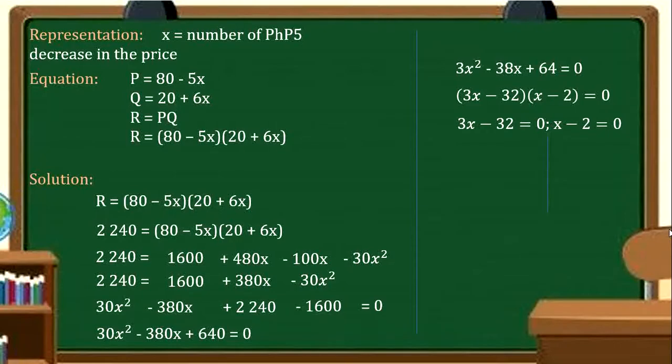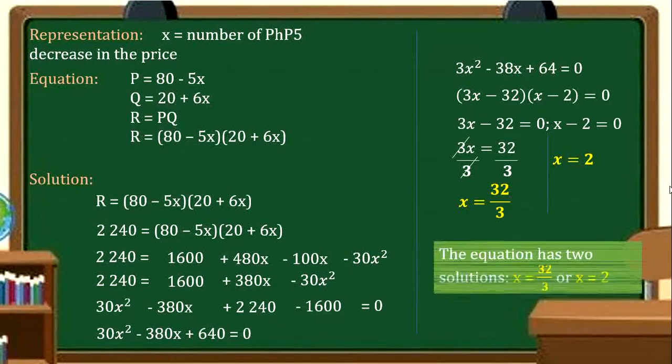So, equate both factors to 0. So, magiging 3x minus 32 equals 0 and then x minus 2 equals 0. So, 3x equals 32. Divide both sides by 3. So, the answer is 32 over 3. And then, the other one, so we have x equals 2.